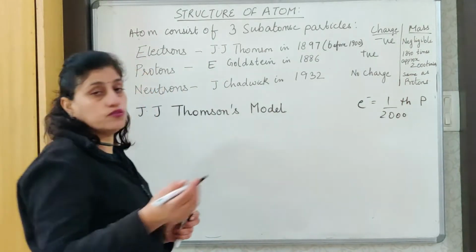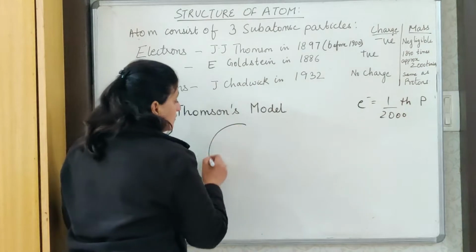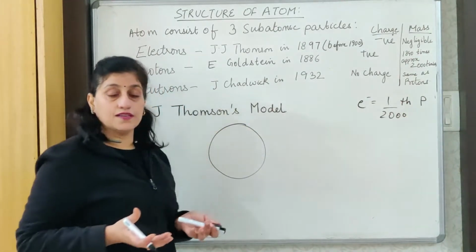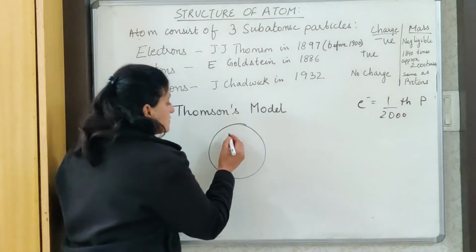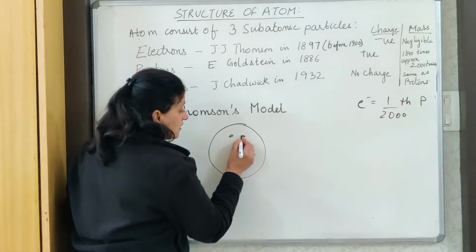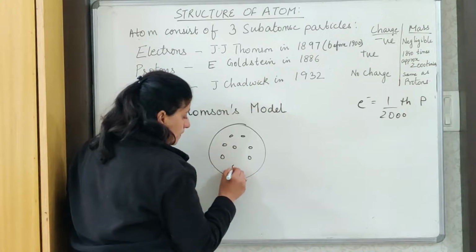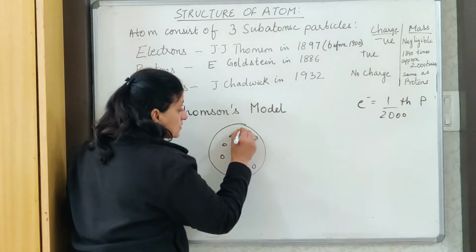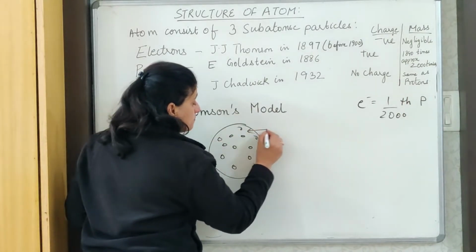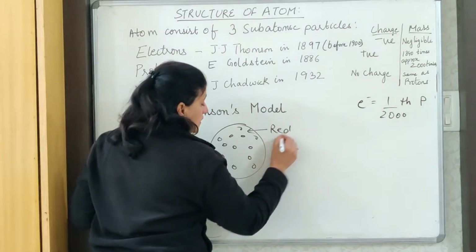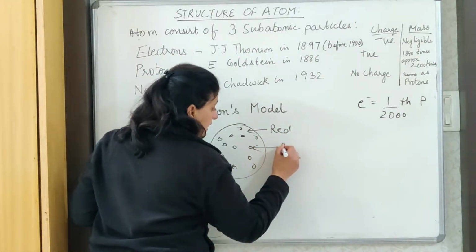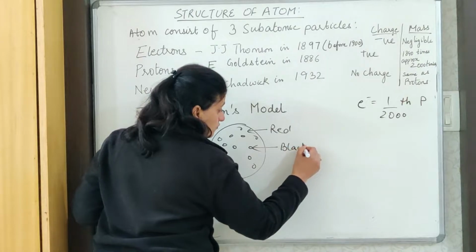Understanding watermelon, you know watermelon is all red spherical structure, and inside this red spherical structure we have black seeds. This is what a watermelon looks like. This is the red part of the watermelon and these are the black seeds of the watermelon.